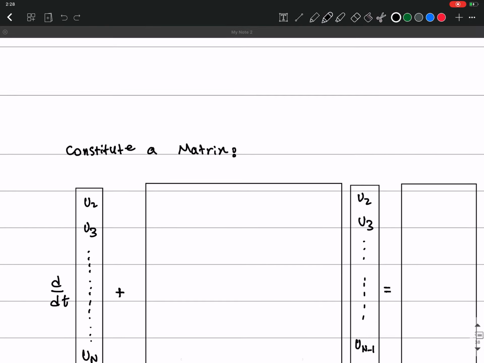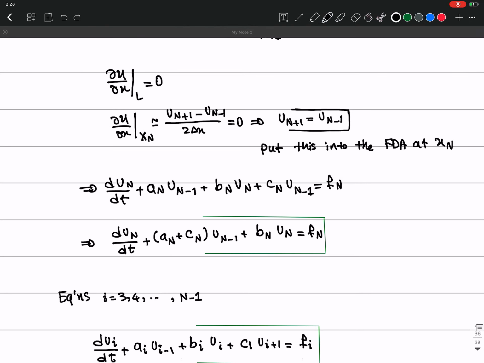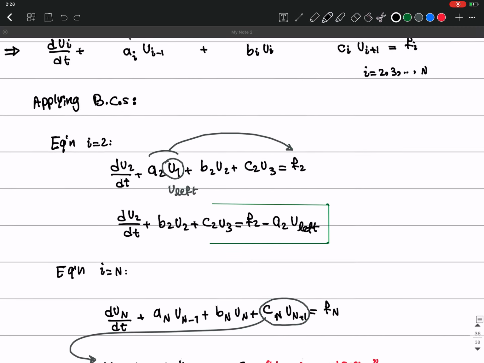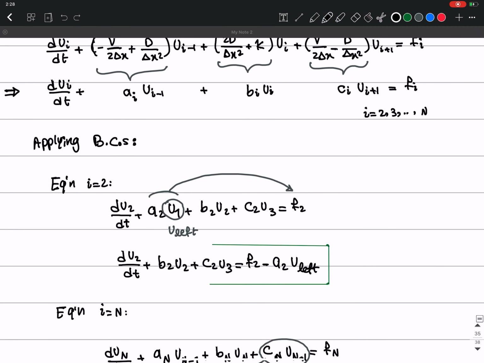So let's see what is the first one. The first one is from the first equation that we had, which is i equals 2. In the left hand side, we only have du2 over dt plus b2u2 plus c2u3 equals f2. On the right hand side, we are going to have f2 minus a2 u left.